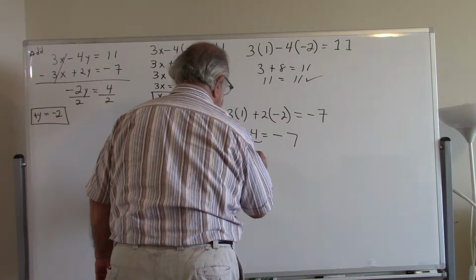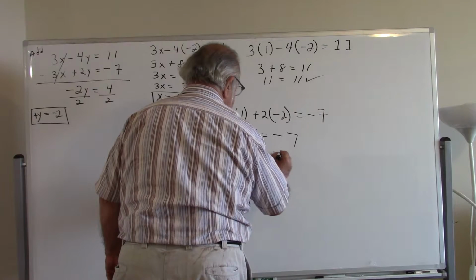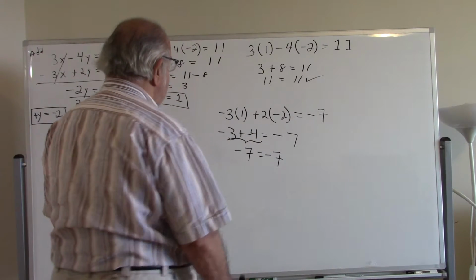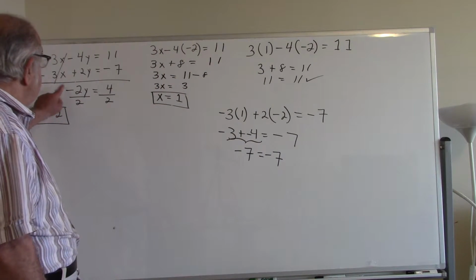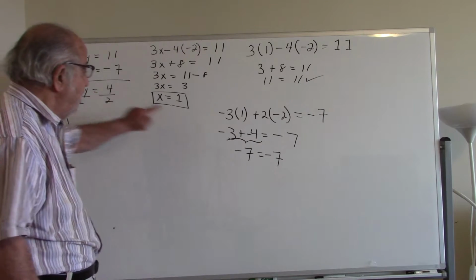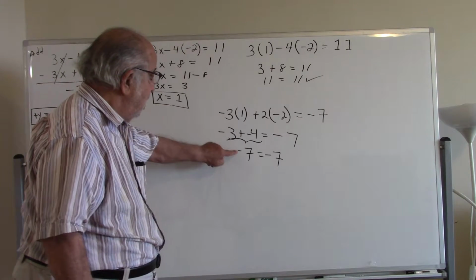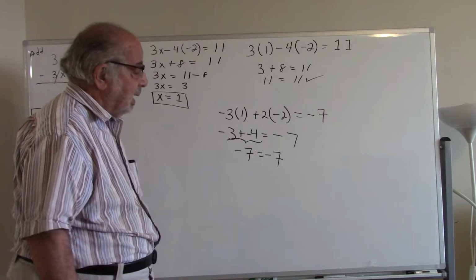Negative 7 equals negative 7. Just make sure you put the negative over here. I didn't do that in the beginning. And both of them check out.